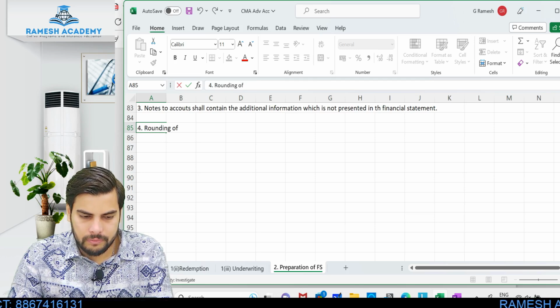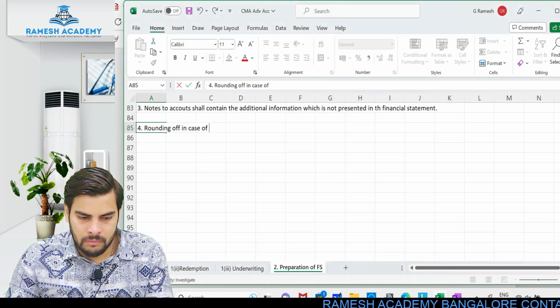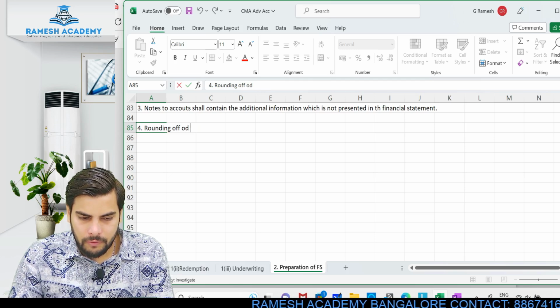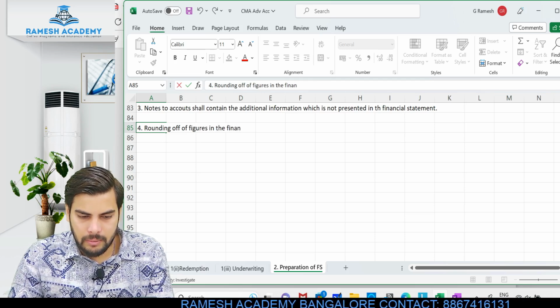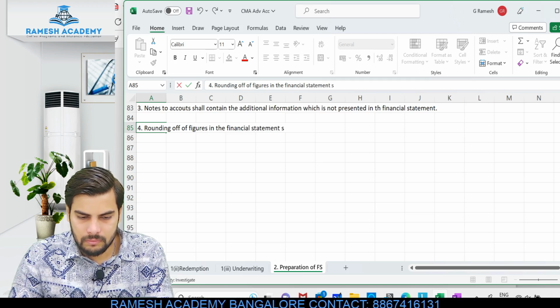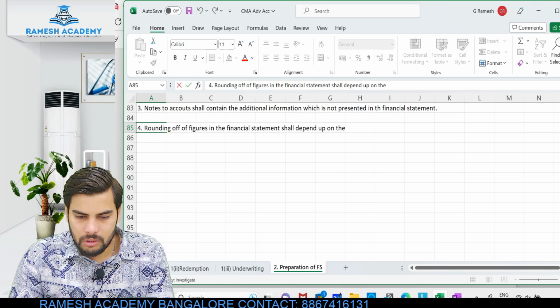Rounding off of figures in the financial statement shall depend upon the total income.